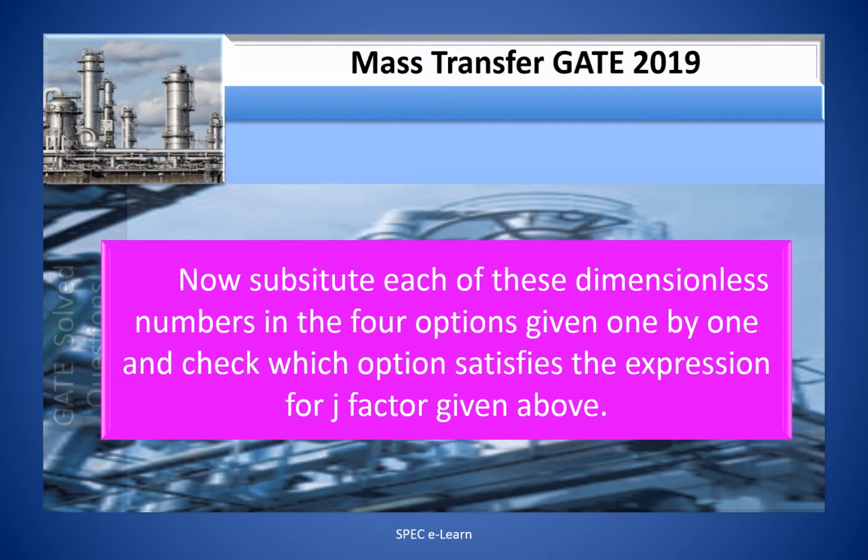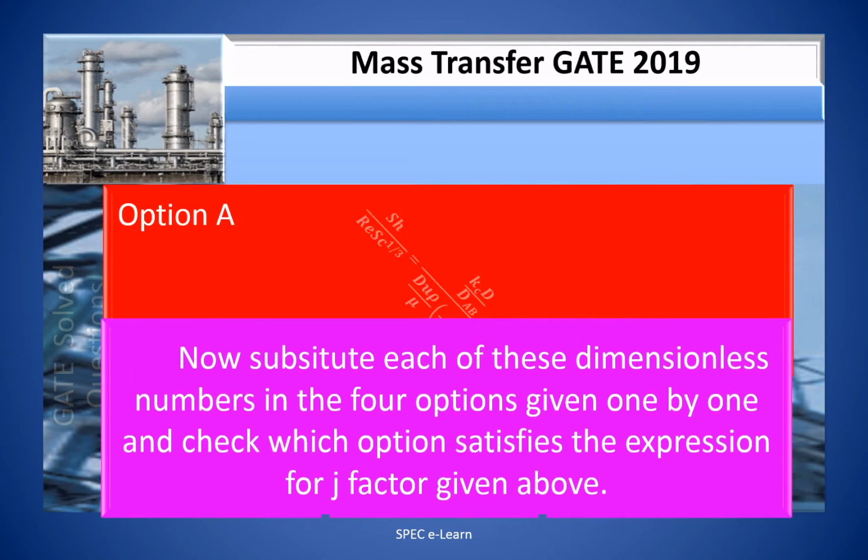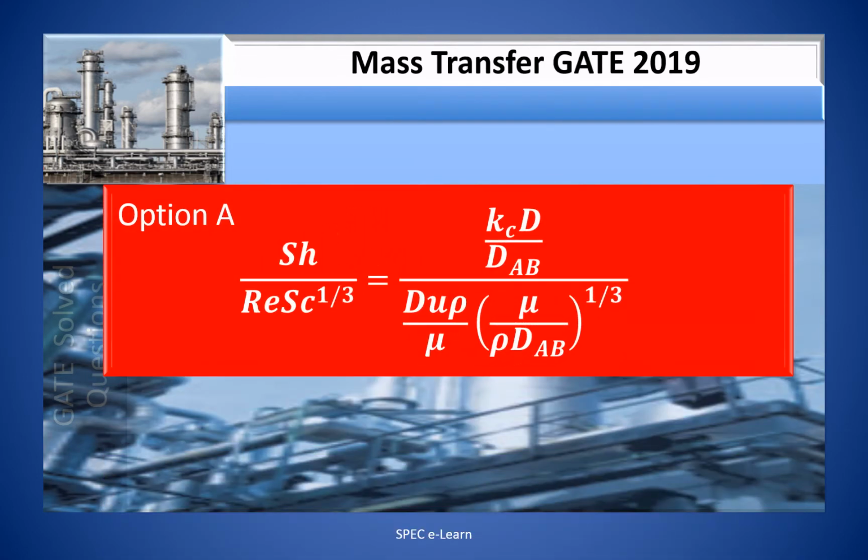Now substitute each of these dimensionless numbers in the four options given one by one and check which option satisfies the expression for J factor given above. First, option A, which is Sherwood number divided by Reynolds number into Schmidt number to the power 1 by 3.